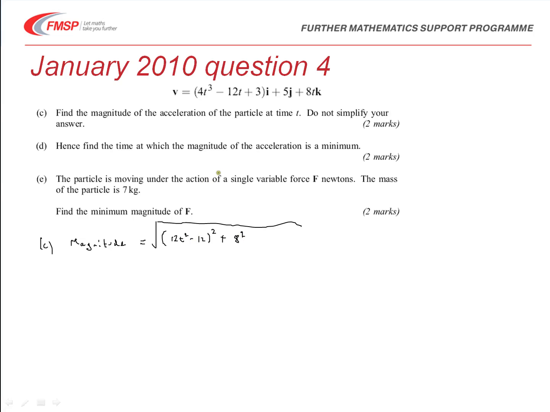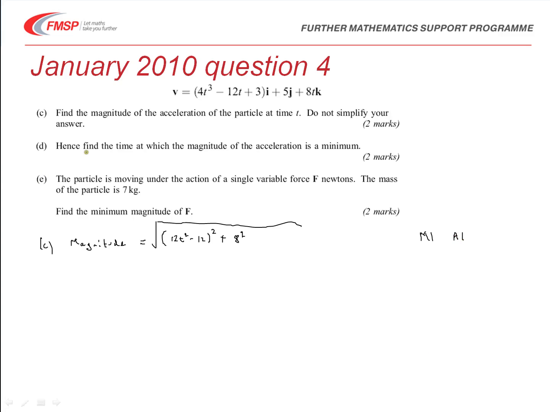And notice the question said do not simplify your answer, so that will do just fine. You don't have to square out the 12t squared minus 12 all squared. So that's your answer straight through. So again, a method mark for realising that you're using Pythagoras on vectors, and then an answer mark that follows through from there.